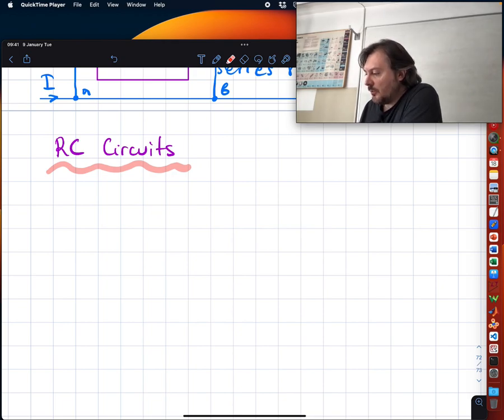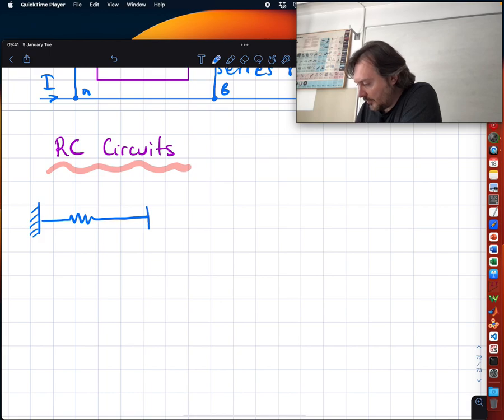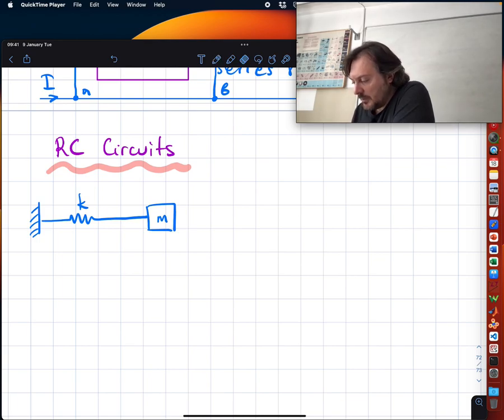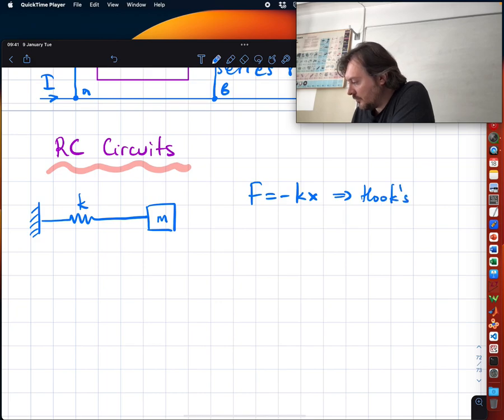I want you to always have this system at the back of your head. We will talk about electricity, but I want you to remember this first. Do you remember this stuff? Harmonic oscillator, right? So the harmonic oscillator would say that F equals ma. This is Hooke's law, and Newton's law.